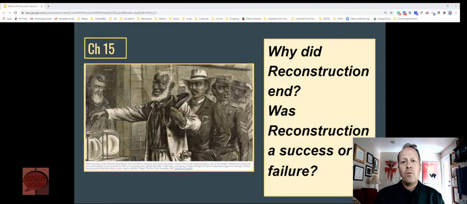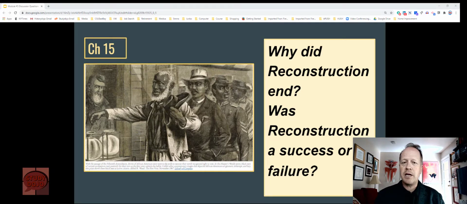We see that with the way that African American freedmen were treated during Reconstruction from 1865 to 1877, and how the South was redeemed by white supremacy, and those freedoms that the freedmen enjoyed were lost for another 100 years. And that is the lesson, that if you don't win the war the right way, if you don't win the peace, you can lose the war you fought and won for another 100 years.